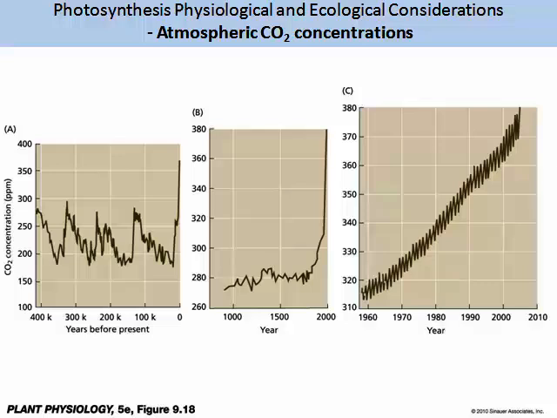The screen on the slide reflects atmospheric carbon dioxide concentrations at previous stages throughout history. The figure on the far left shows that many years ago carbon dioxide levels fluctuated quite a lot. From 1960 there has been a gradual increase of carbon dioxide levels.